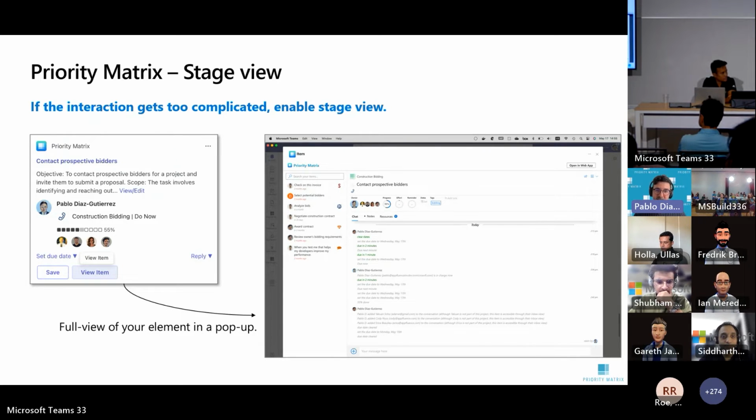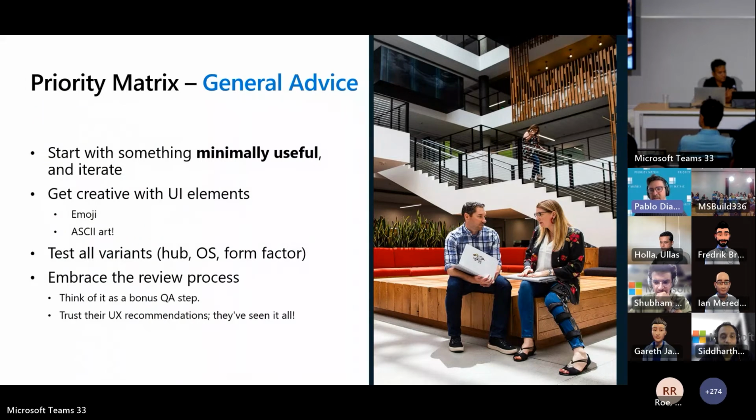I want to, in my last slide, go over some high level advice as to how to proceed. We've been with the loop component program from the beginning, so we learned a lot by trial and error. And this is roughly what I recommend: you start with something minimally useful for your users, instead of having a grand design and then pushing it forward with a lot of pain.